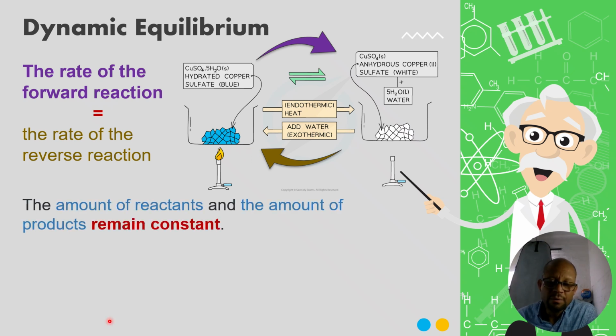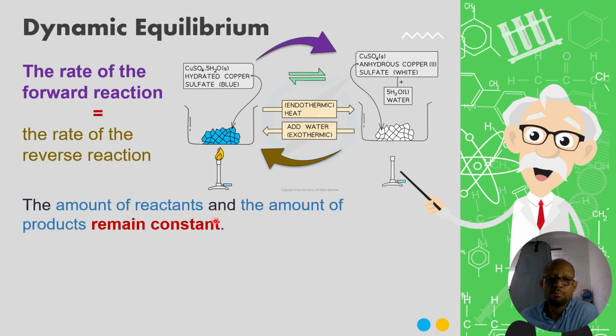Now, one of the things that you must take note of: when a dynamic chemical equilibrium exists, it means that the amount of reactants and the amount of products remain the same, or stay constant. So over time, no change will occur in the concentration of the reactants or the concentration of the products, okay?